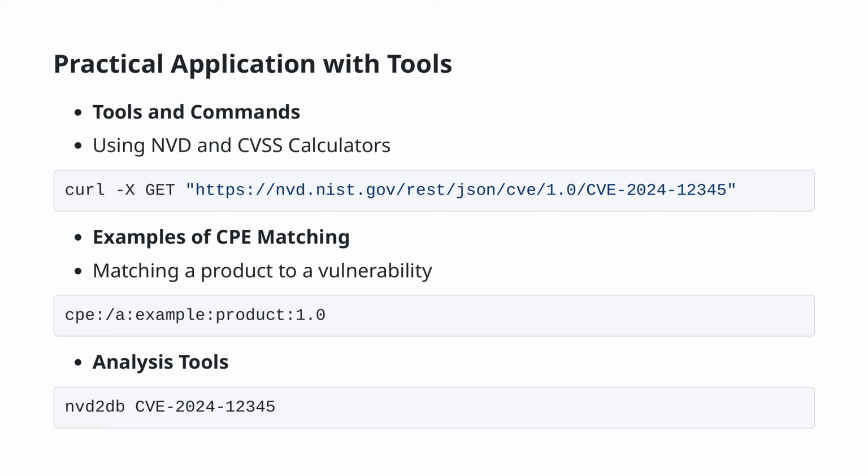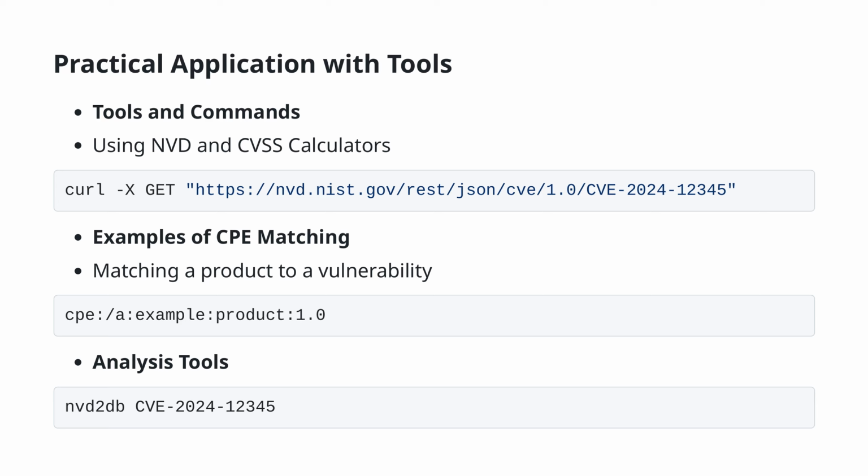impact on your system. When it comes to matching a product to a known vulnerability using CPE entries, consider the following example: cpe:/a:example:product:1.0. This CPE string can help identify whether the specific version of your product is affected by any listed vulnerabilities. For deeper analysis, tools like nvd2db can be employed.